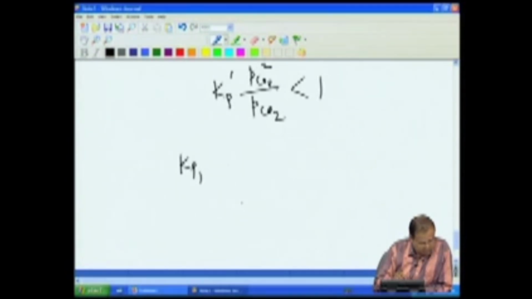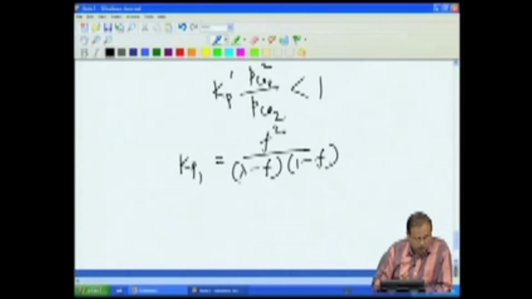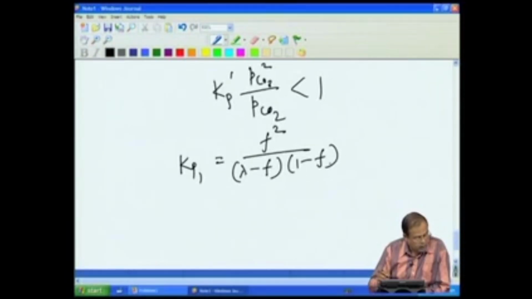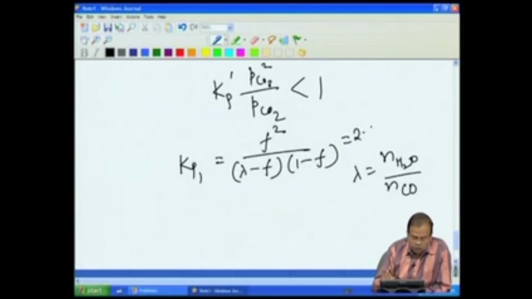So, if we do that, we will get in terms of conversion, for example, if we define where F is conversion and lambda is initial moles of hydrogen to initial moles of carbon monoxide, which is what I want to find out. So, this has a value 2.31, okay, and this quantity I need to be less than 1.